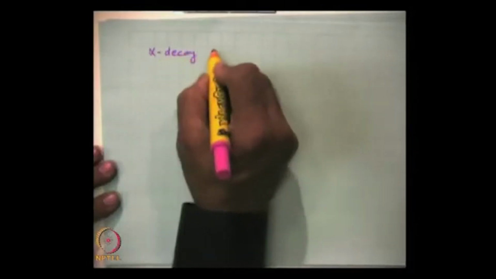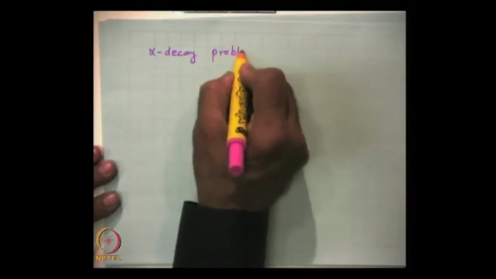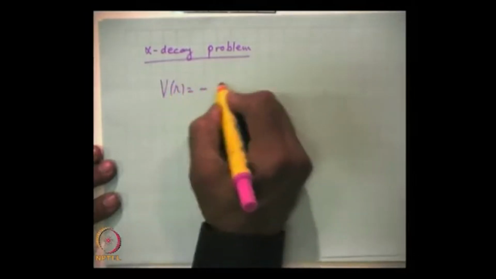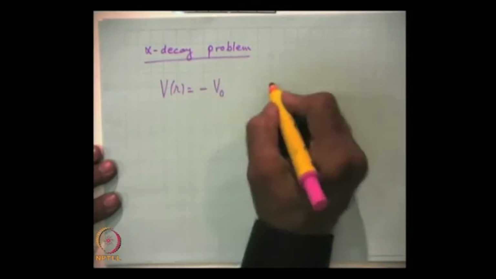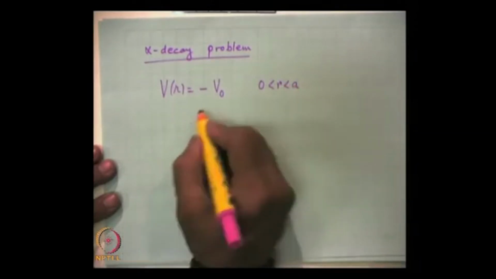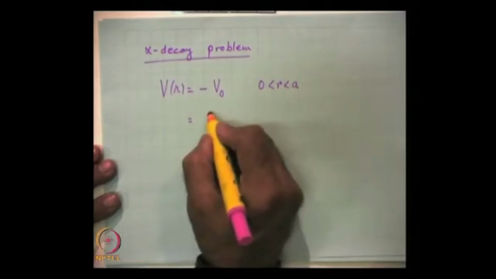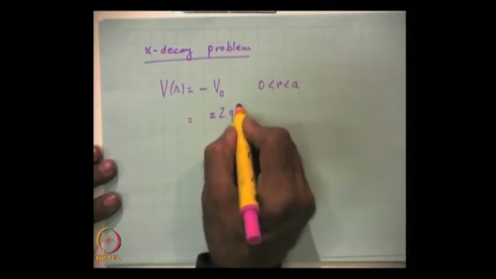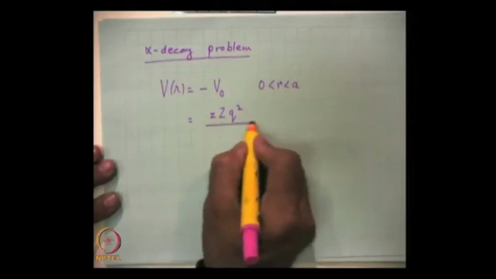So, for the alpha decay problem, we will have V of r is equal to minus V 0 for 0 less than r less than a, and is equal to z capital Z q square by 4 pi epsilon naught r for r greater than a.